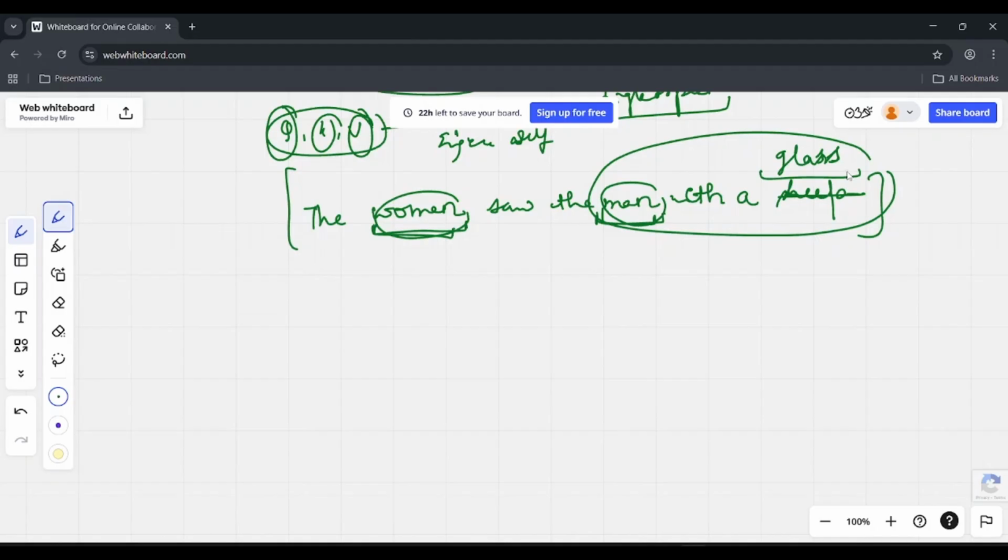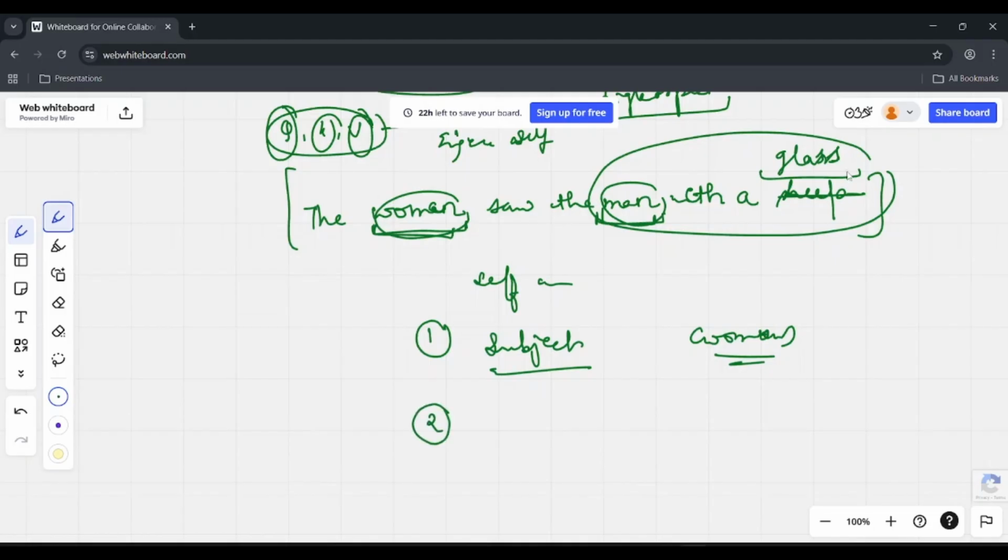It would be better if we have multiple self attention heads. For example, the first self attention head where we are focusing on the subject. We are looking for what our subject is. For example, here it's the woman. And let's say we have a second self attention head where we are focusing on object plus modifier.